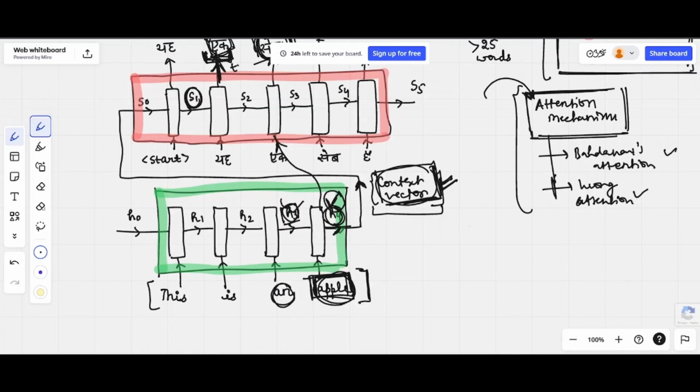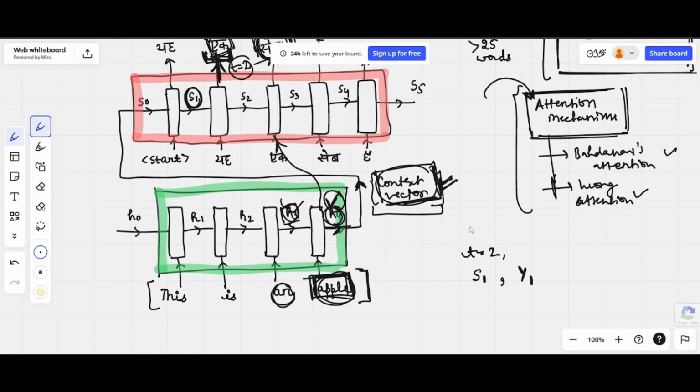T equals 2. At the second time step, I am getting output egg. So for T equals 2, what are the inputs that I want? S1, the previous hidden state of the decoder, right? Next, Y1, right?